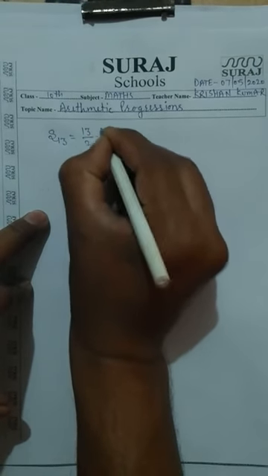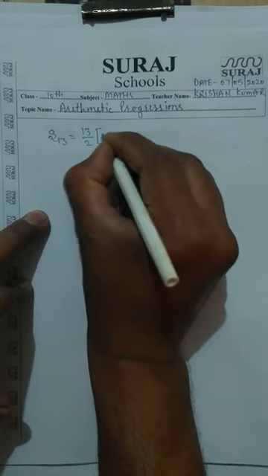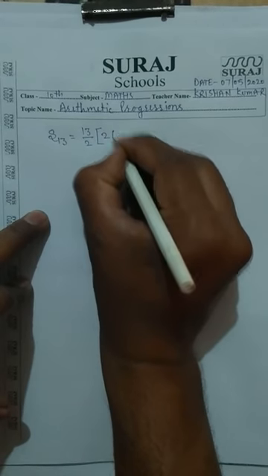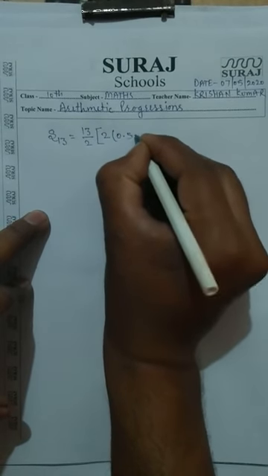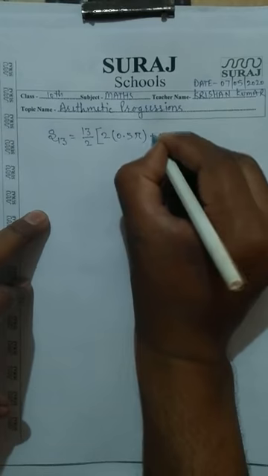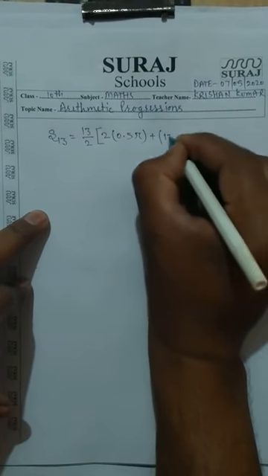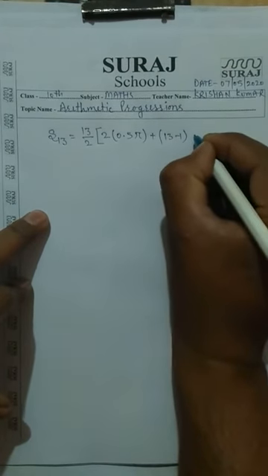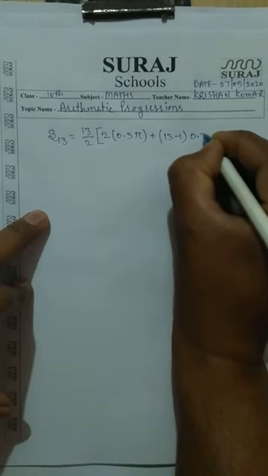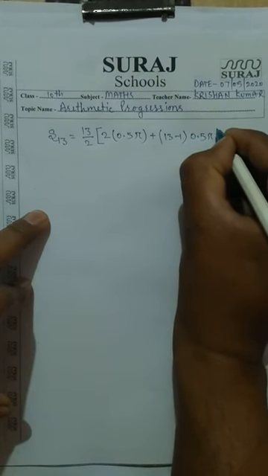13 upon 2, 2A, A is 0.5 pi, plus n minus 1, that is 13 minus 1, into d, which is also 0.5 pi.